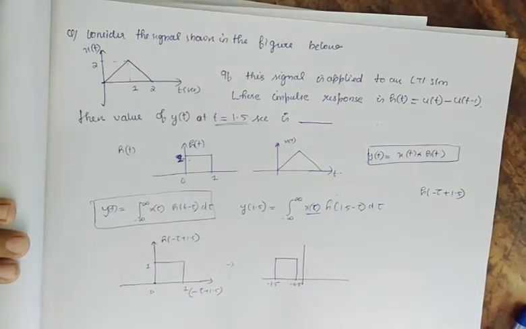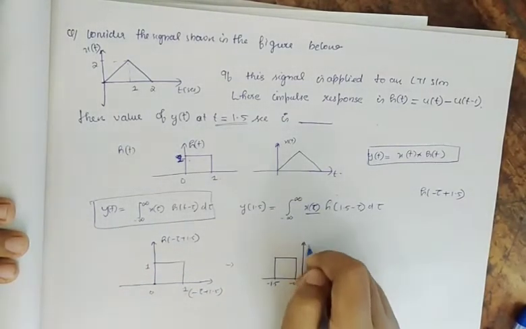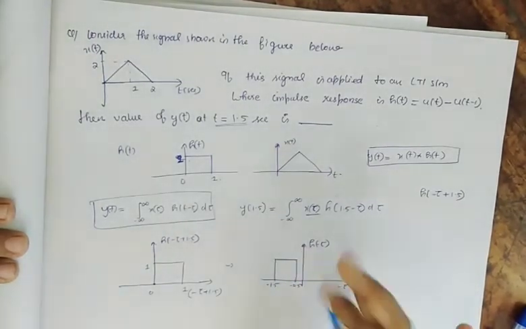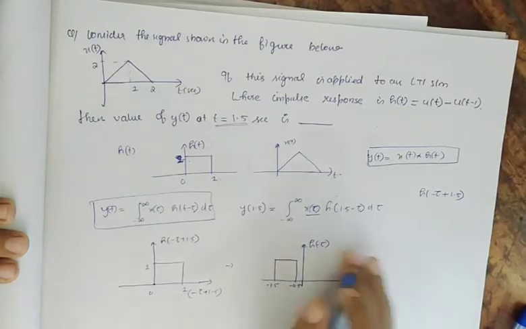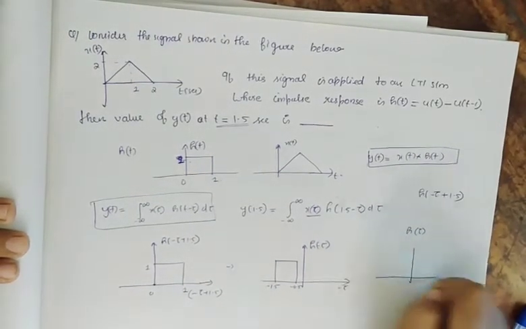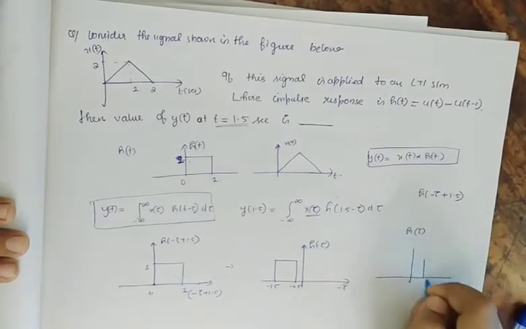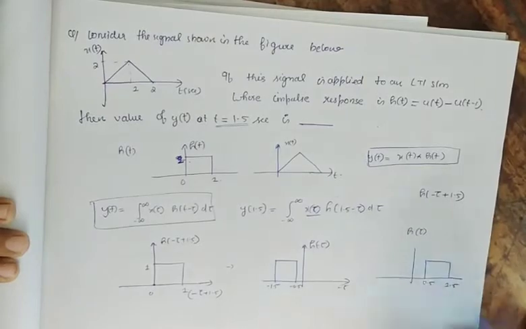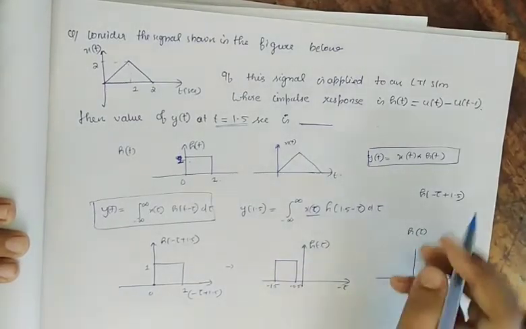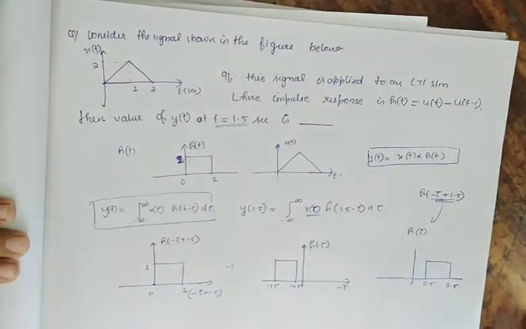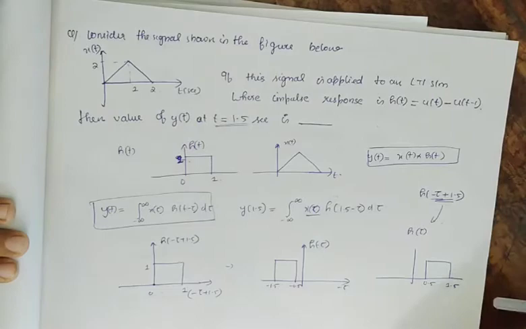So it will start from minus 1.5 and end at minus 0.5. Okay, and now this is like h of minus tau. We have to get h of tau. Okay, h of tau will be the mirror image of this one, right? Mirror image will be like this, 0.5 to 1.5. Okay, so this is what is required. This is a shortcut method. This is how we can get these kind of shifted and scaled versions easily.